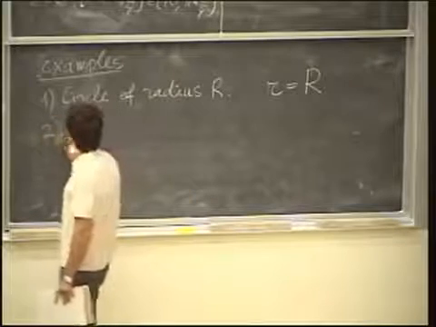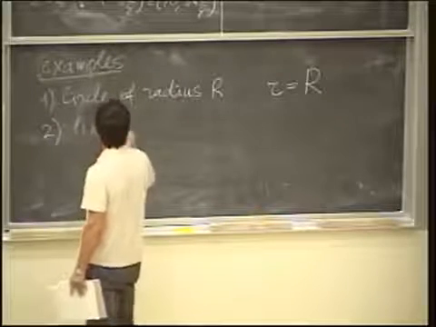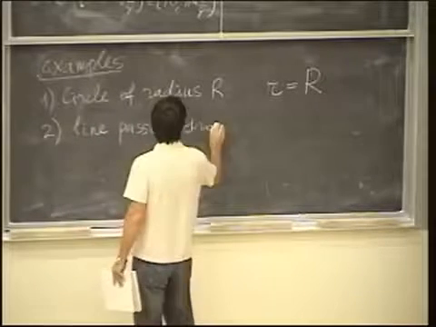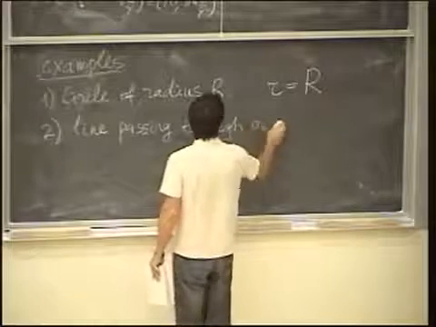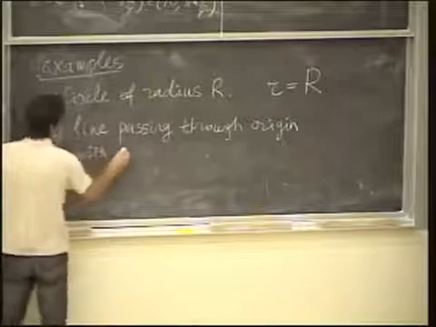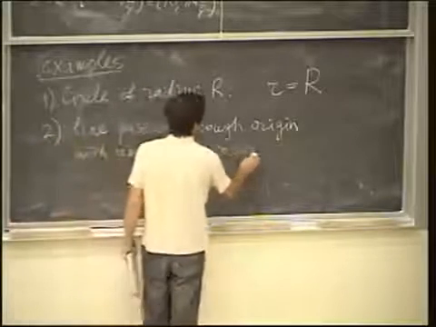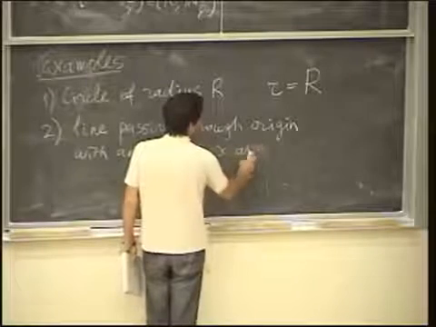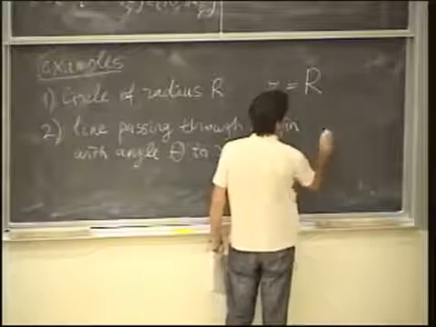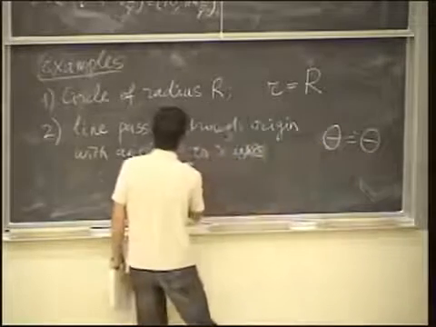So here's another example. A line passing through the origin with angle theta to the x-axis is also given by a very simple equation, namely theta is a constant, angle theta 0, say.